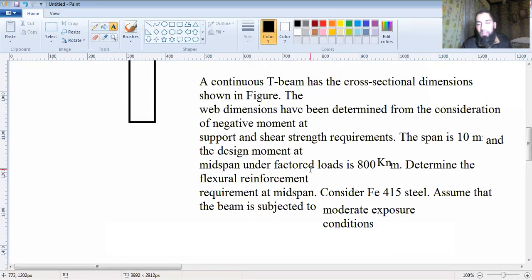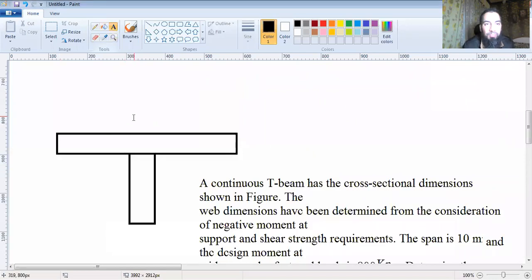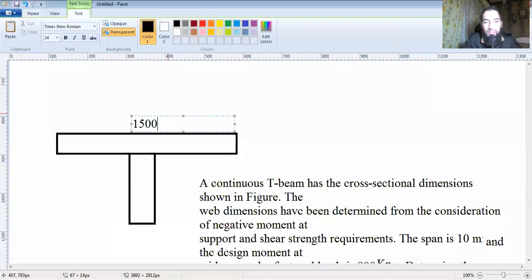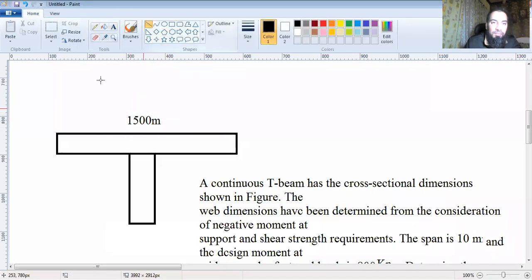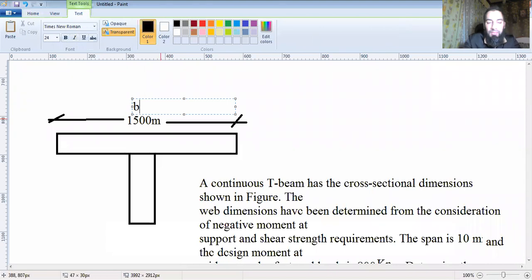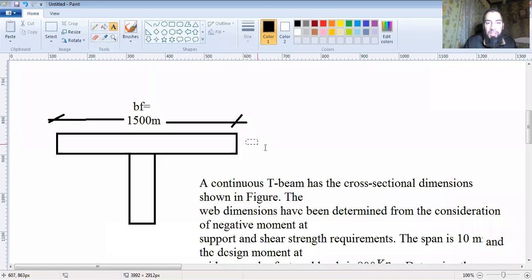So this is the question that we'll be doing, and your beam dimensions are, this is 1500. What is this? BF is 1500 mm. How much is DF?